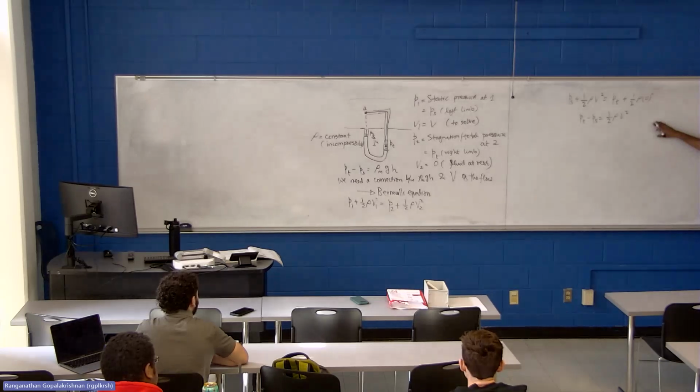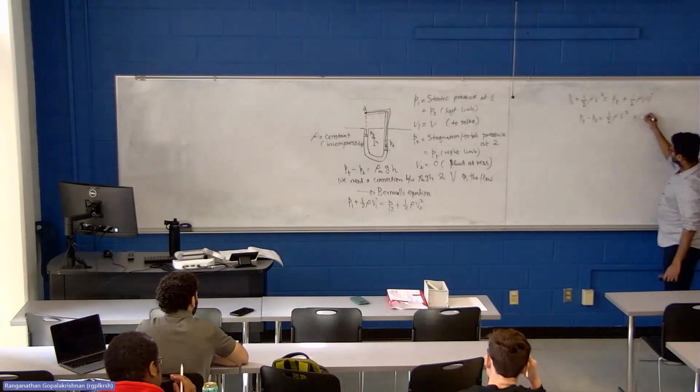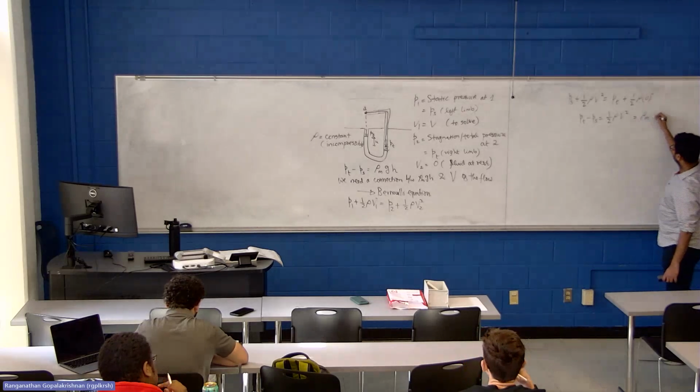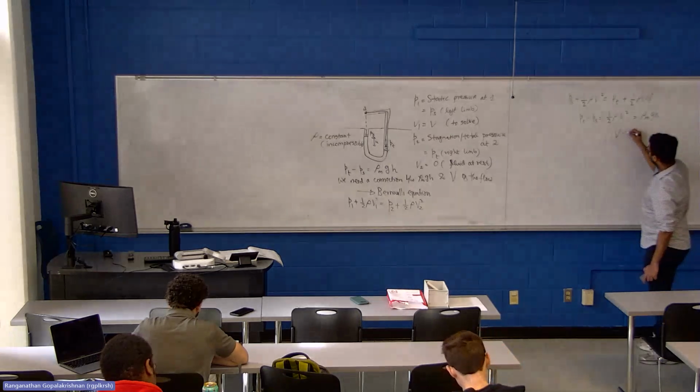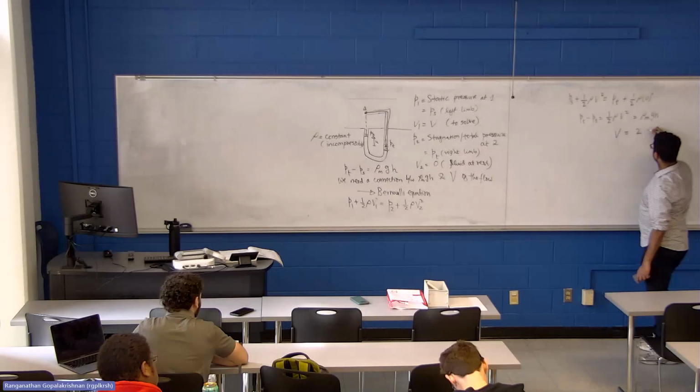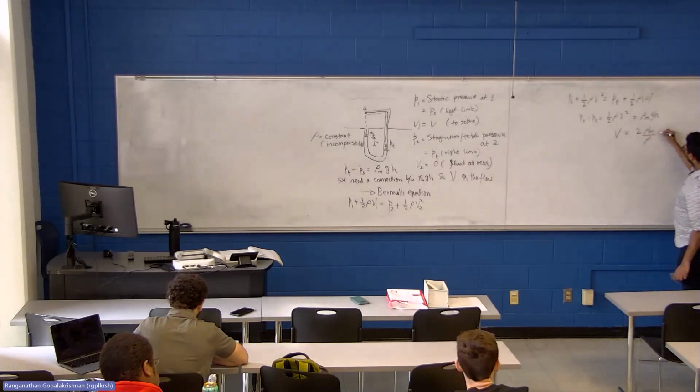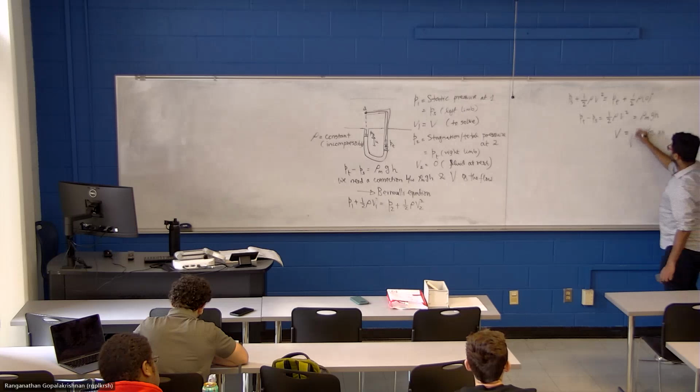That's the connection, which is also equal to the density of the manometer fluid times g times h, which means if I want the velocity, that will be the square root of 2 times density of manometer fluid over the density of the fluid, multiplied by g h.